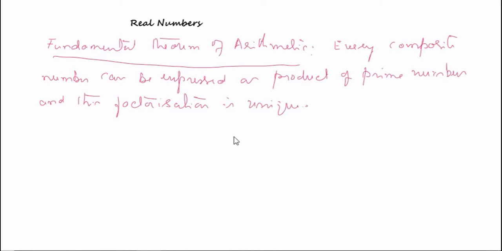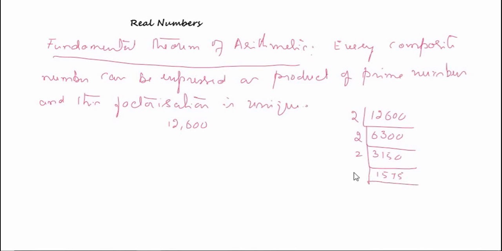Let's take an example. Let us take the number 12,600. If you do prime factorization of this number, 12,600 divided by 2 is 6300, again by 2 is 3150, again by 2, again by 2, 1575.